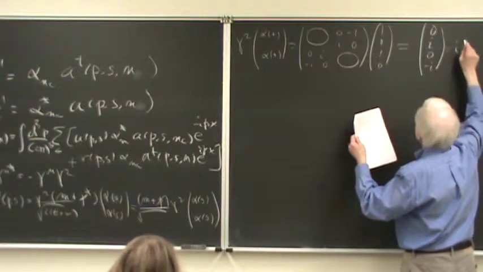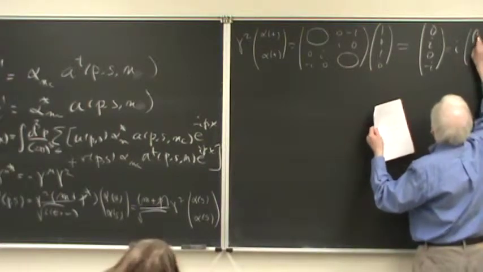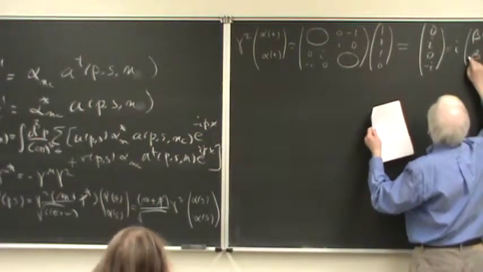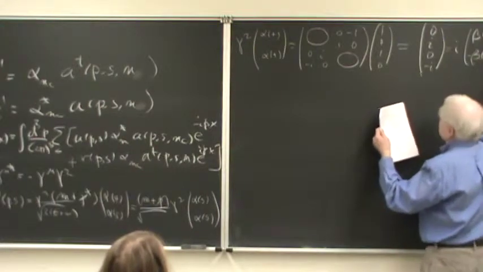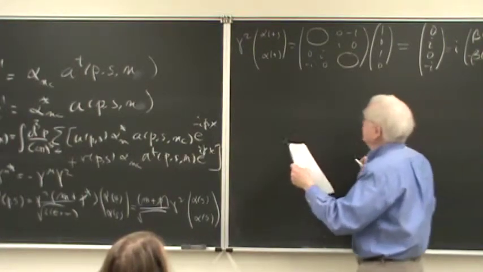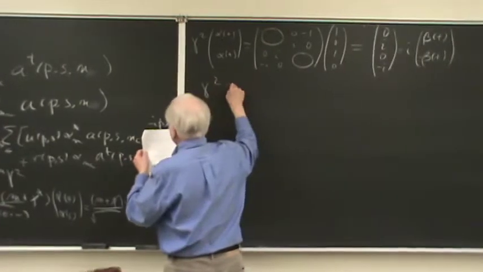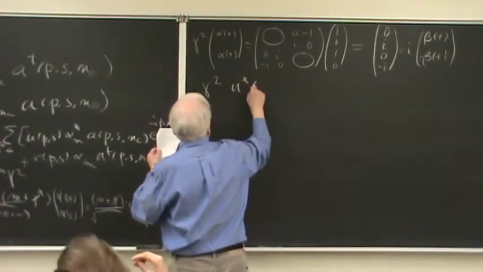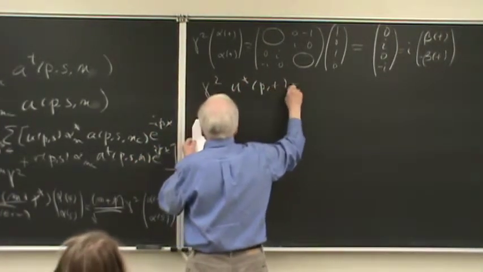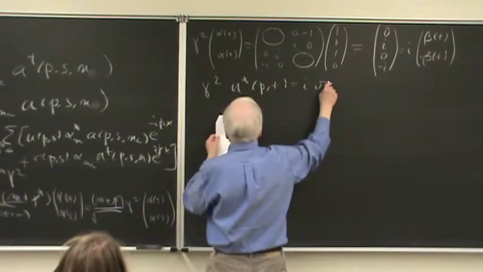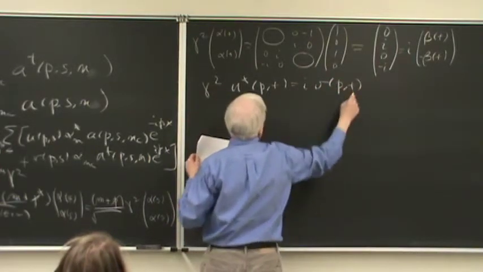And this, you see, is i beta plus, minus beta plus. So that means that gamma 2 u star of p plus is i v of p plus.